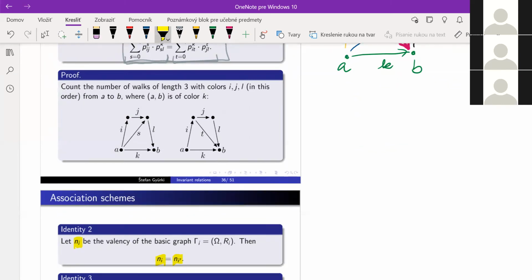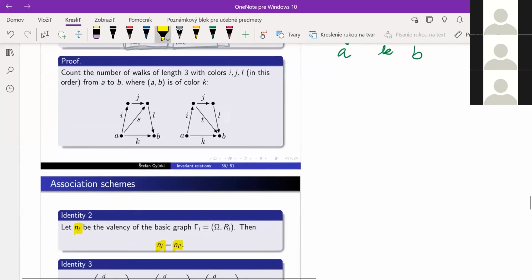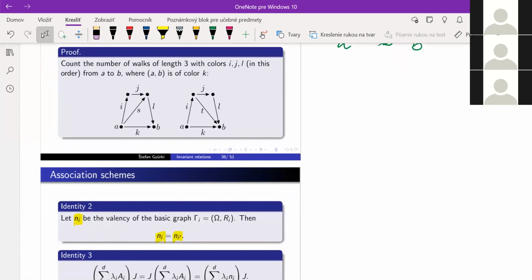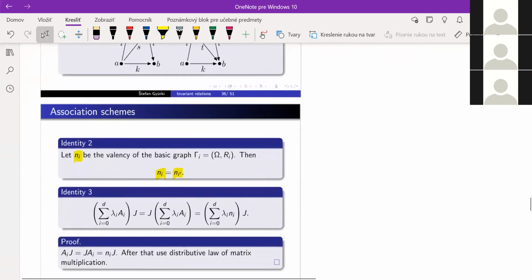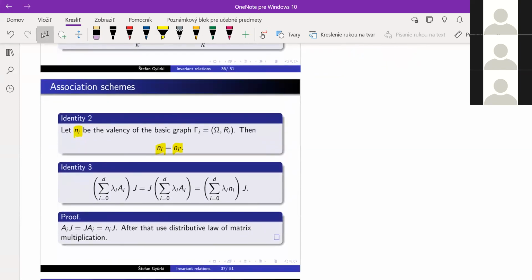So the number of incoming darts is the same as outgoing darts from one vertex, and if I am making the reverse, then the same will be valid. So this is, I think, the easiest identity.